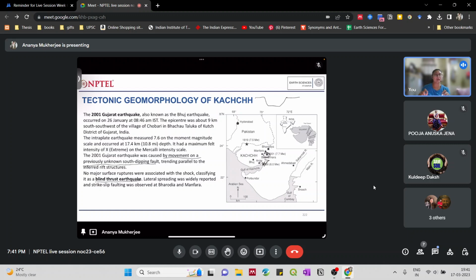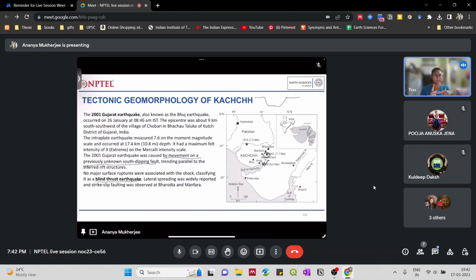So this is how you can see that old geomorphological features, maybe the Ran of Kutch deposits, have buried the faults that were created because of the ancient collision between the Indian and the Eurasian plate. That is one factor.